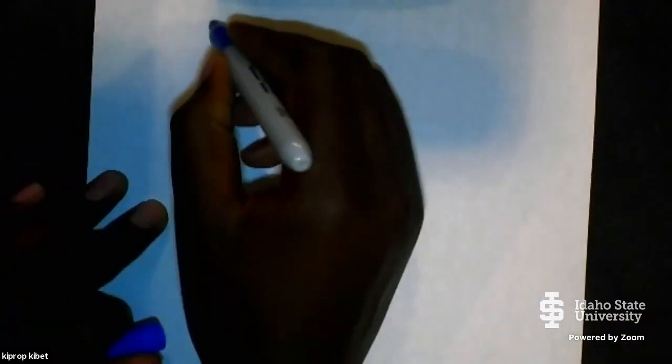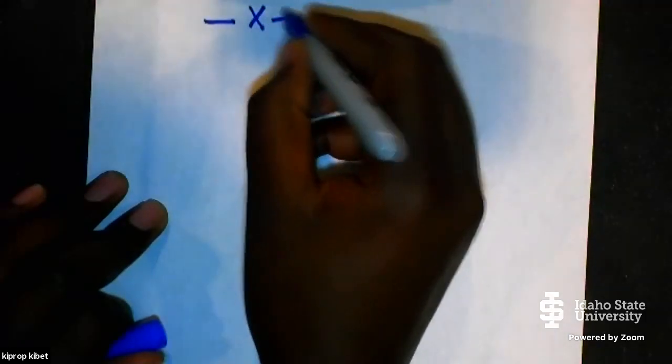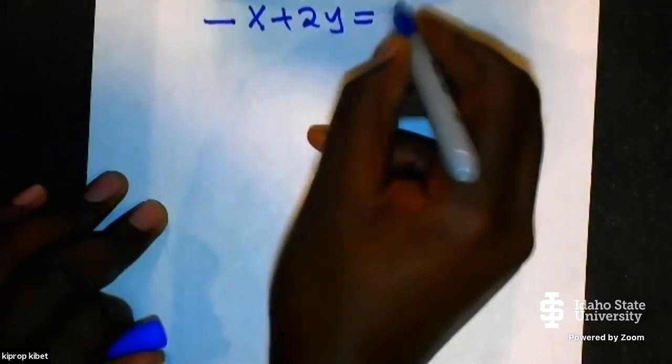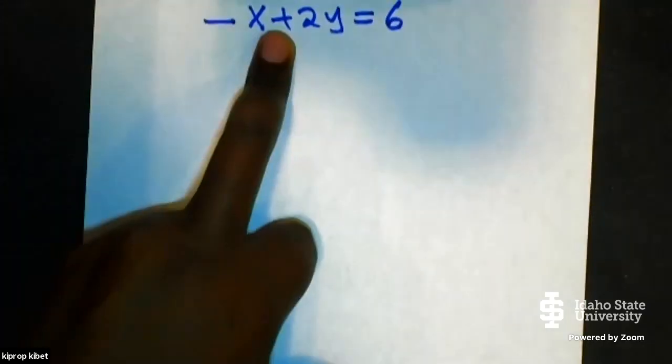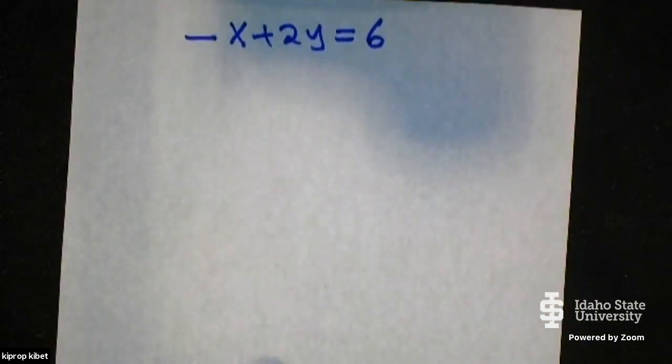If we have minus x plus 2y equals 6, graph this using the intercepts. Graph that one, minus x plus 2y equals 6, using the intercepts.